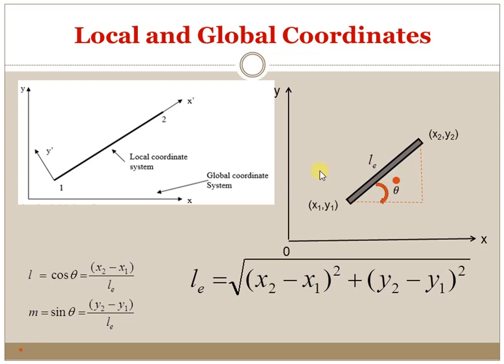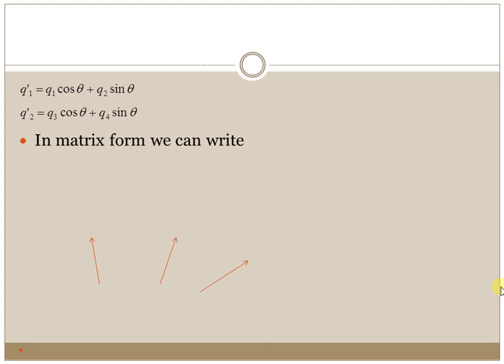Why do you want to calculate the effective length? Because this element is defined only by the coordinates x1, y1 and x2, y2. From these coordinates you calculate the length of this element using this formula under the root.